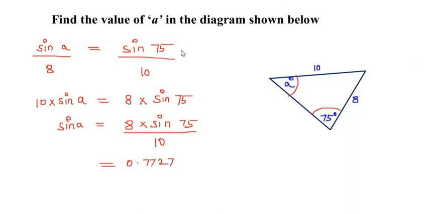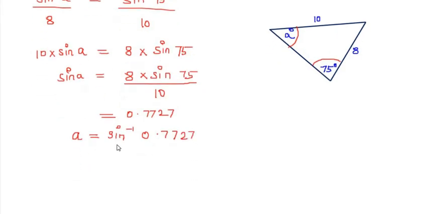Next, we just have to find the value of A. We move the sine to the other side, so A equals sine inverse of 0.7727. Let us see how much it turns out to be.